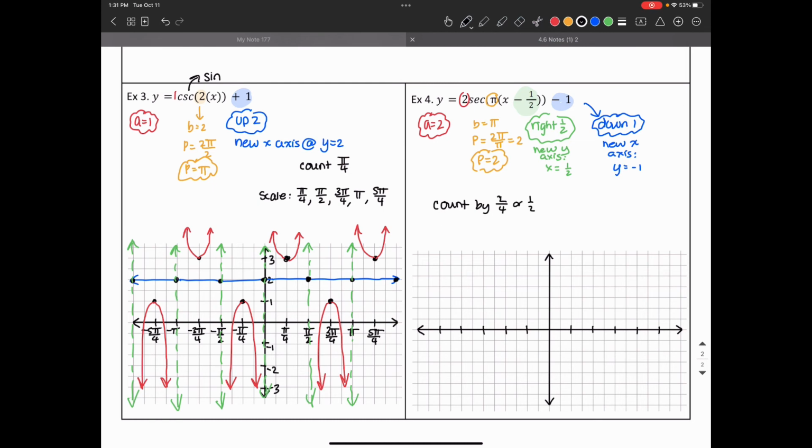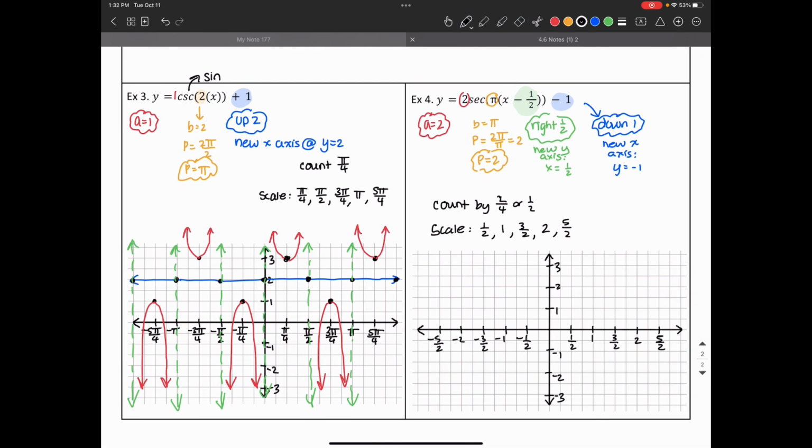So the scale is going to be 1/2, and then 2 over 2, which is 1, and then 3 over 2, I'm going to leave it as that, and then 4 over 2, which is 2, and then 5 over 2. So this is 1/2, 1, 3 over 2, 2, 5 over 2, and backwards, -1/2, -1, -3 over 2, -2, -5 over 2, and then 1, 2, 3, -1, -2, and -3.